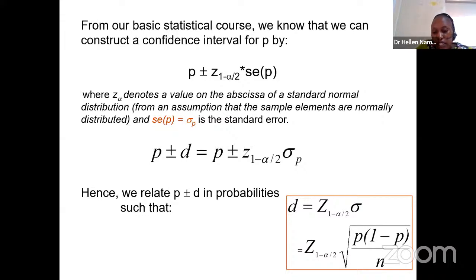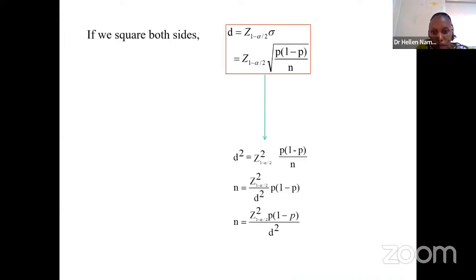This is what we had in the previous slides, and we saw that all of this is called the margin of error. That is my D. We have the estimate plus or minus the margin of error. From this we can make n the subject, and whatever you come up with when you solve it, you are able to get your n.